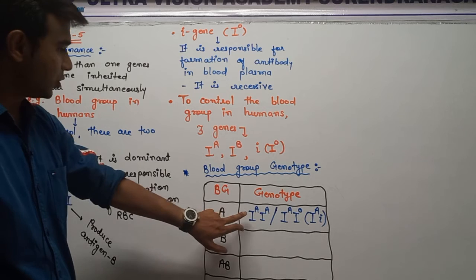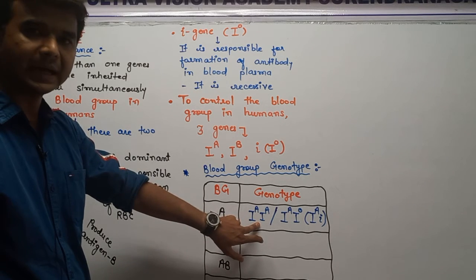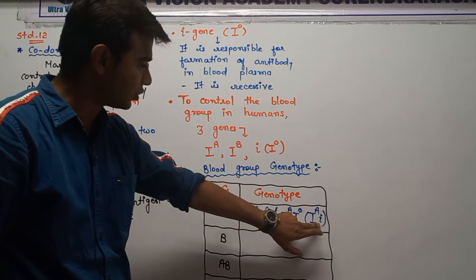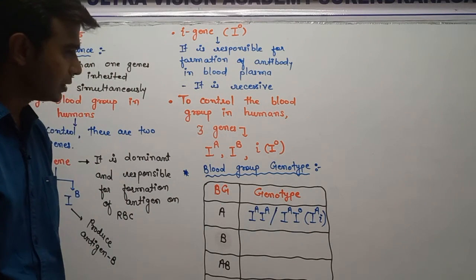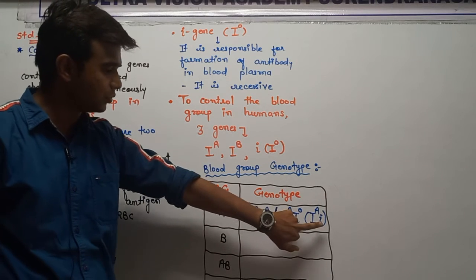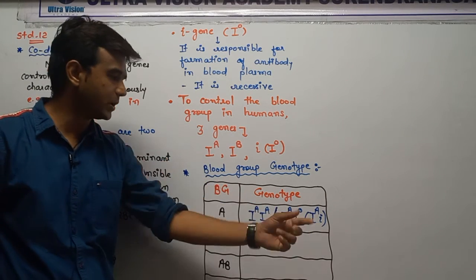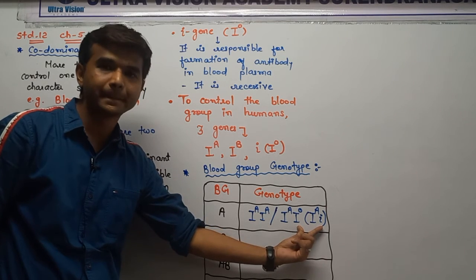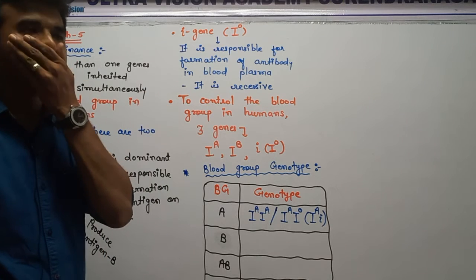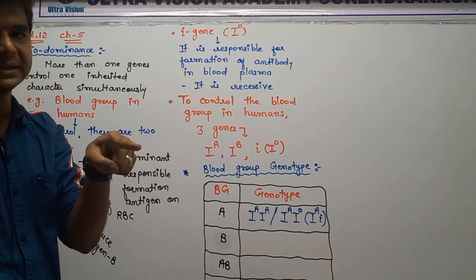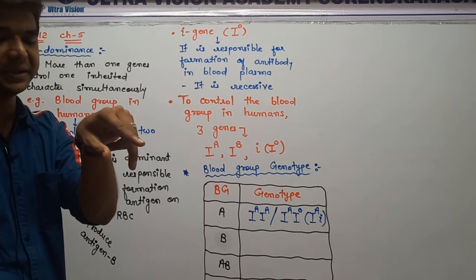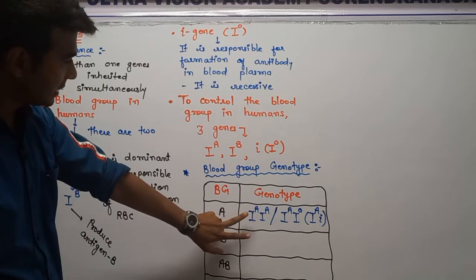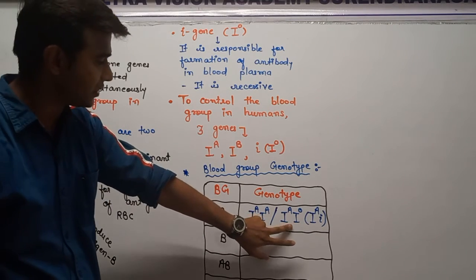So A blood group is homozygous IA or heterozygous IA I0, or you say small i. This I0 or small i indicates what? Here it is antibody B. So in the table, a person with A blood group has antigen A on RBC and antibody B in blood plasma, and that person is homozygous or heterozygous.